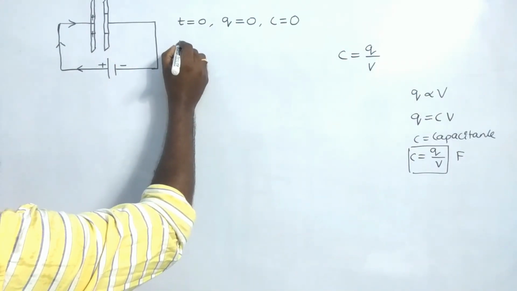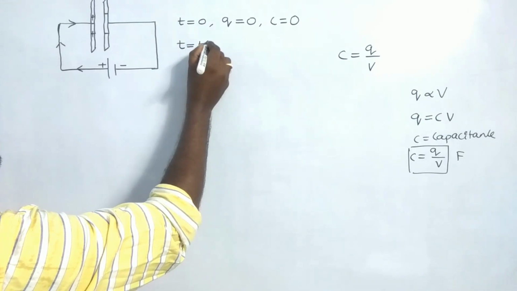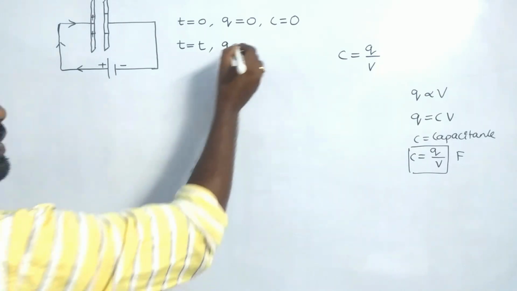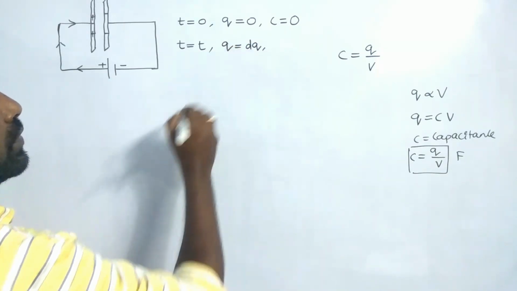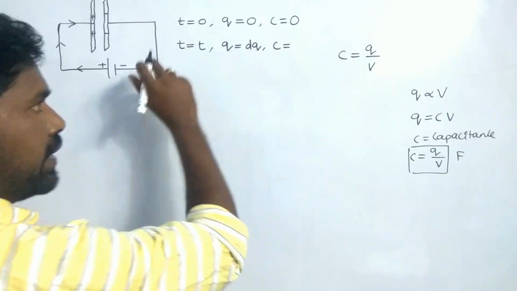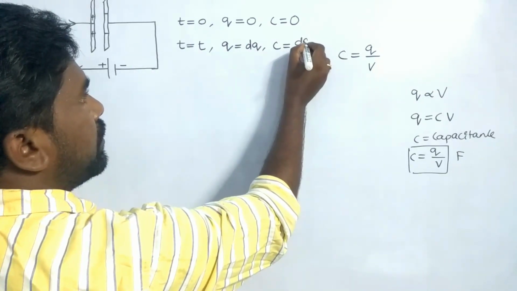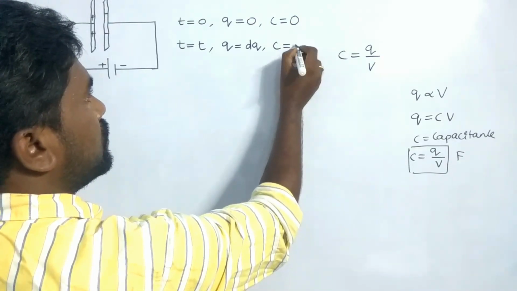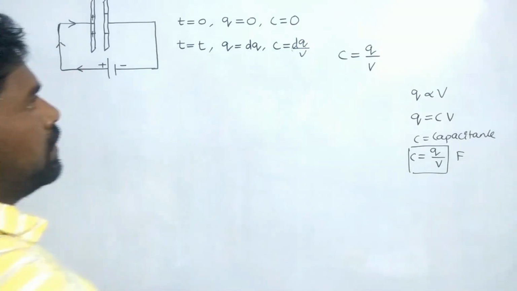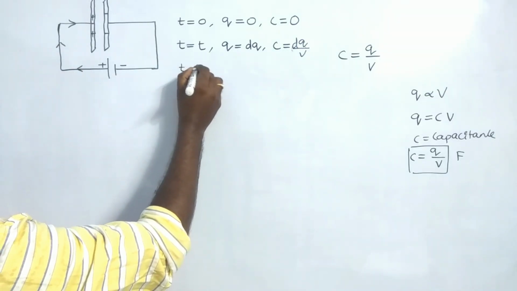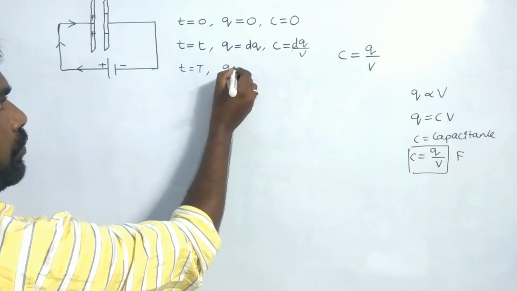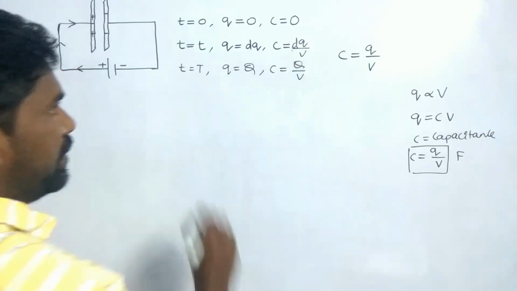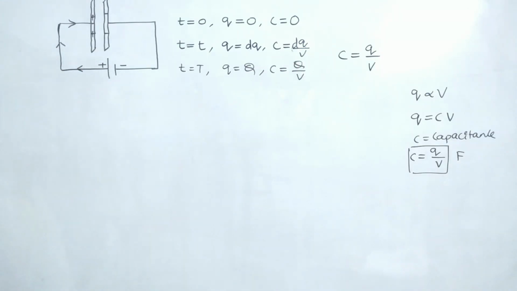At time t, the charge on the capacitor is dq, and the capacitance is dq by V. And after completion of the full charge, Q is equal to capital Q, and the capacitance is capital Q by V. So this is the variation here.